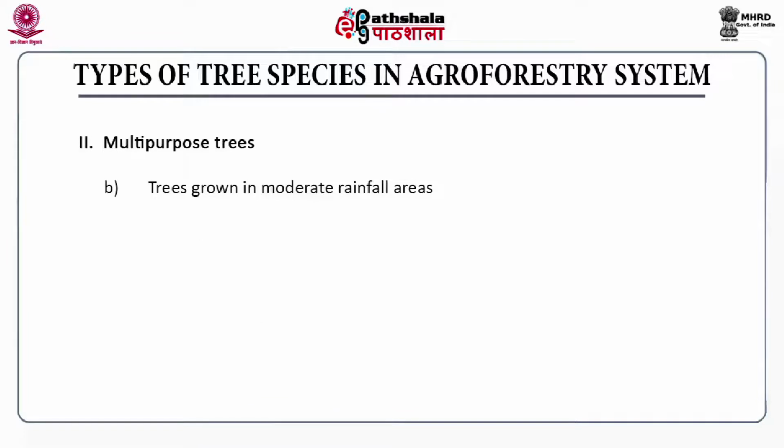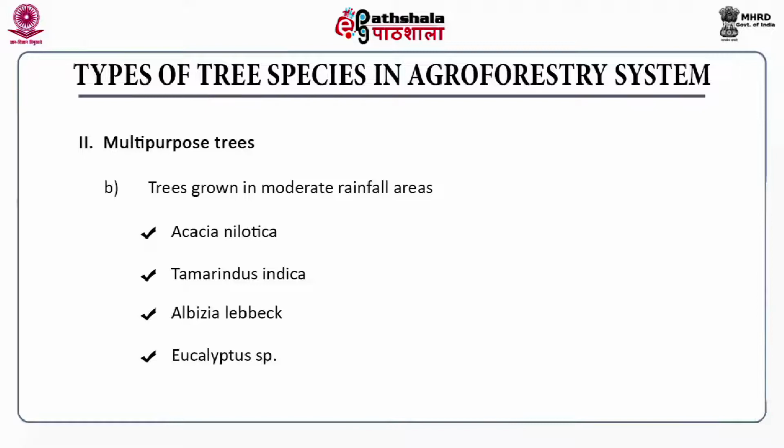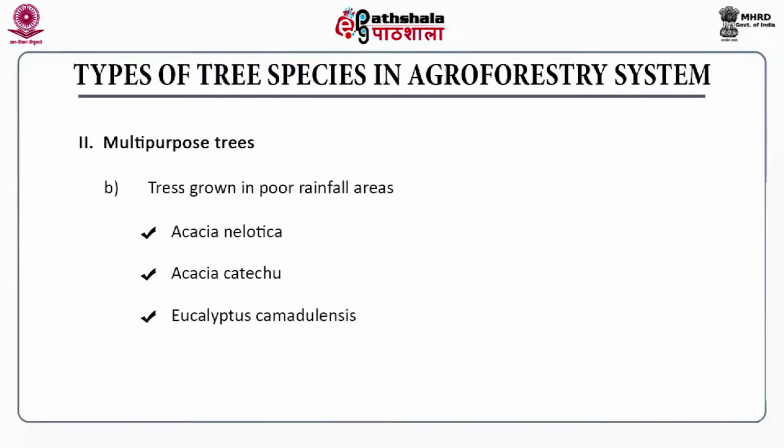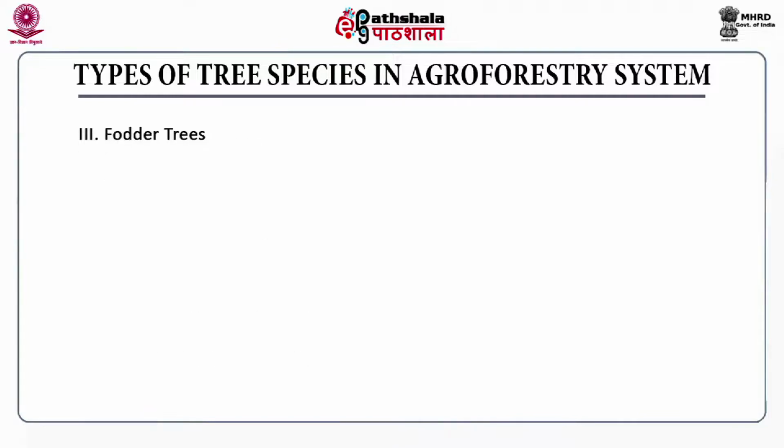Next trees that are grown in moderate rainfall areas: Acacia nilotica, Tamarindus indica, the scientific name of imli. Then comes Albizia lebbeck and Eucalyptus species. Now, the trees that are grown in poor rainfall areas, or we can say desert areas: Acacia nilotica, Acacia catechu, Eucalyptus camaldulensis, Prosopis juliflora.